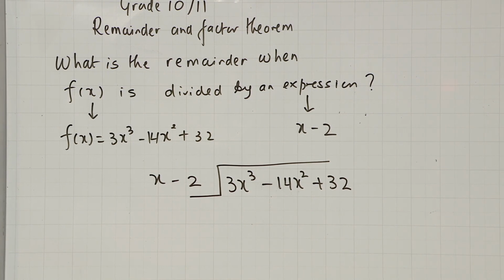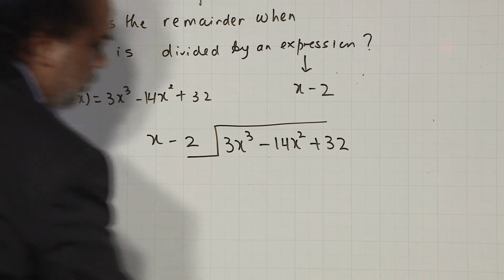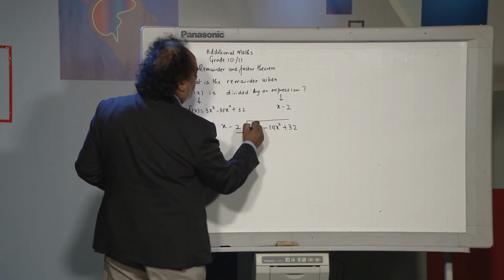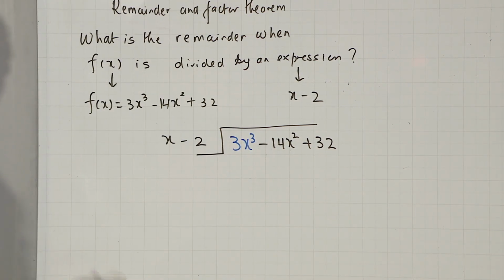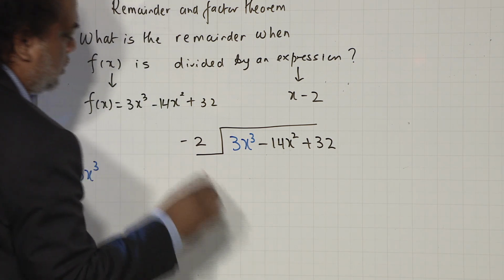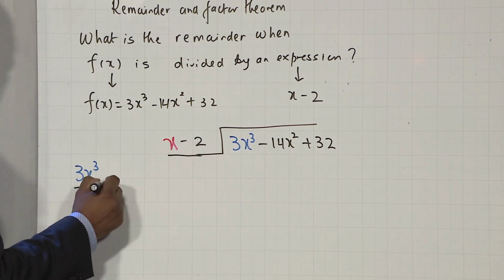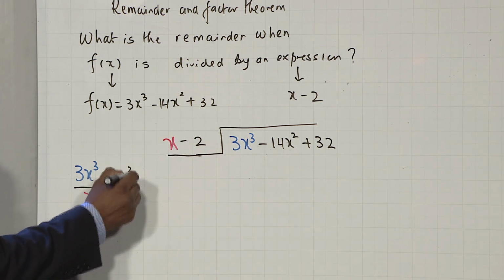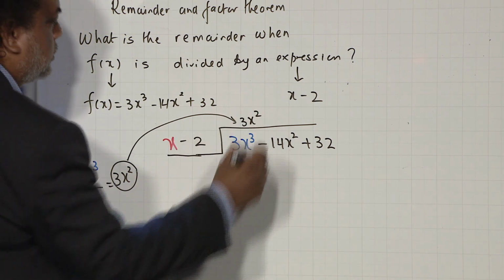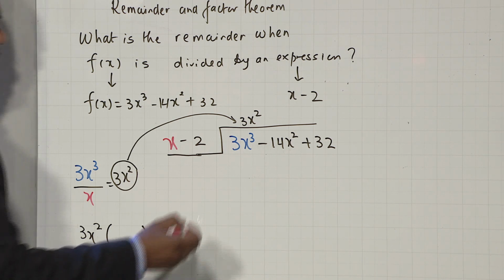Let's see how we perform this long division. 3x cubed divided by x gives me 3x squared, that I'm going to now write here. So 3x squared.